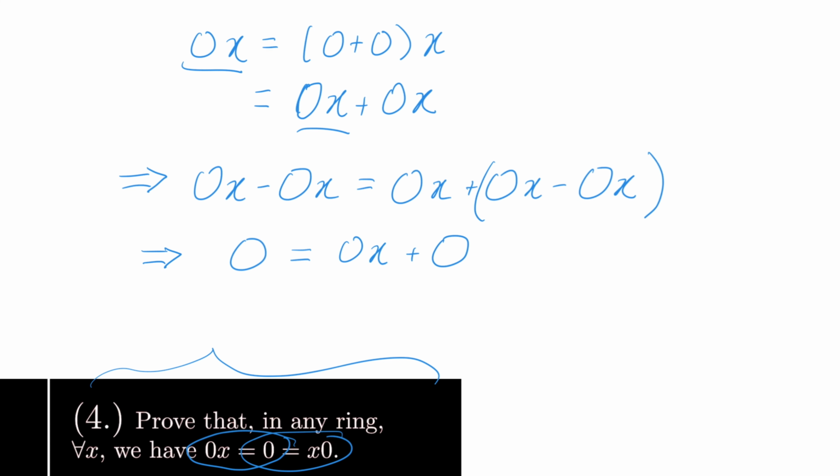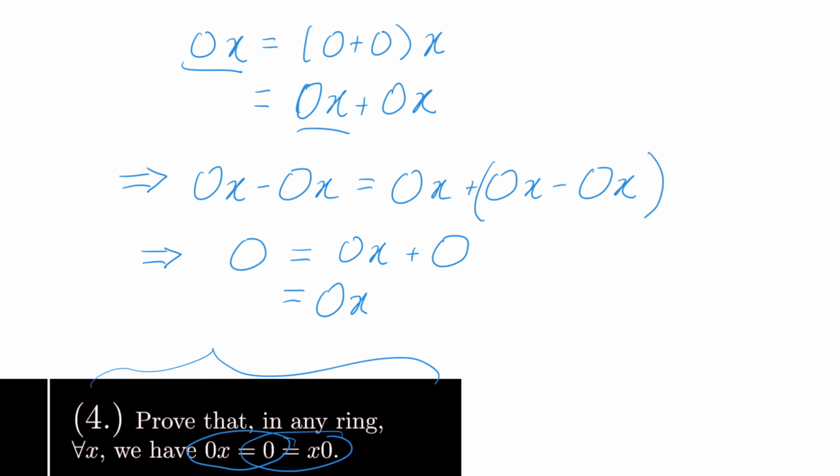This simplifies on the left to 0, and on the right-hand side, by grouping things, perhaps using associativity to group a 0x together with a minus 0x, we can simplify that also to 0. And then for one further step on the right-hand side, we can say that this is equal to 0x.